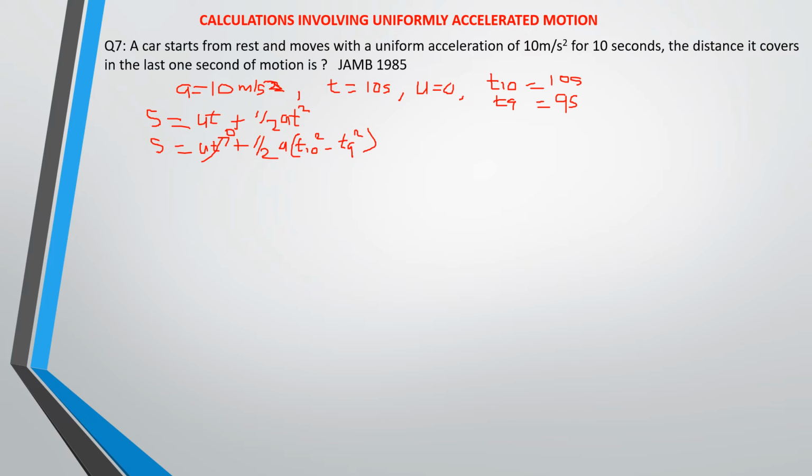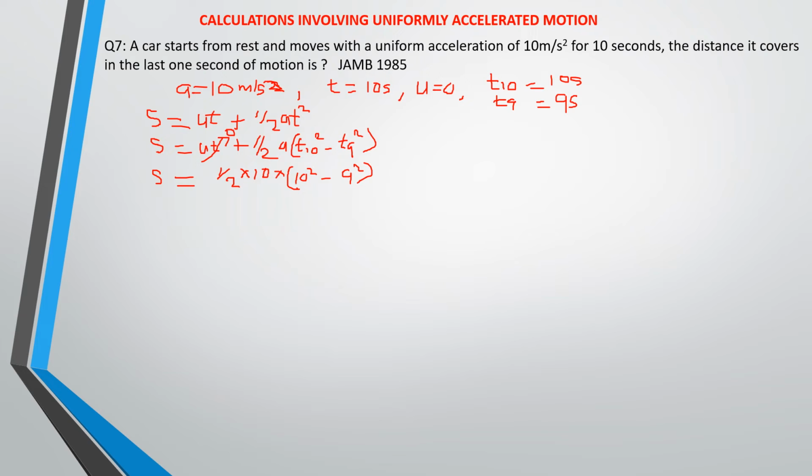So if you now solve this out, S, which is the distance you are looking for, will be equal to half times your acceleration, which is 10, times all brackets, the time for 10 seconds squared minus 9 squared.